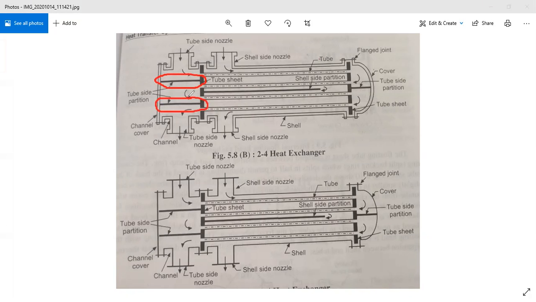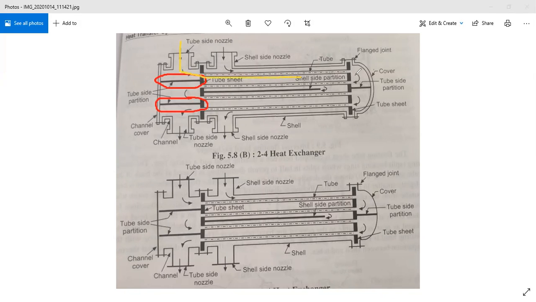We have already discussed that if you add pass partitions, then the number of passes will increase. In the previous case, there was only one pass partition, that is why there were two passes on the tube side fluid. Now in this case, there are two pass partitions, so this tube side fluid is going to pass in this direction.